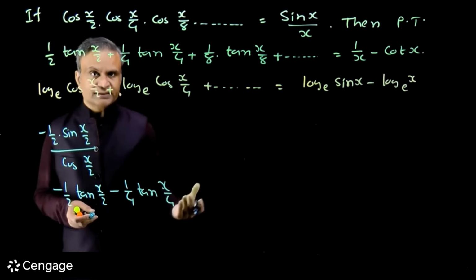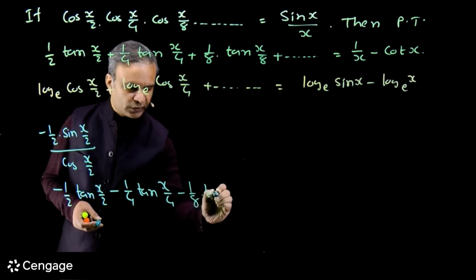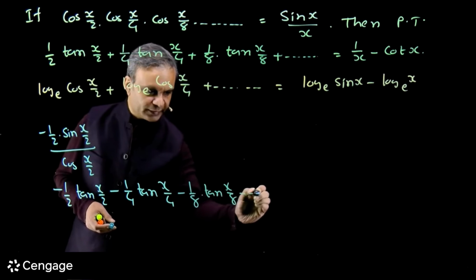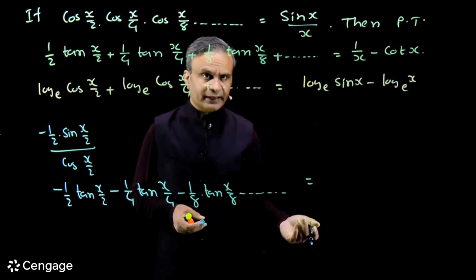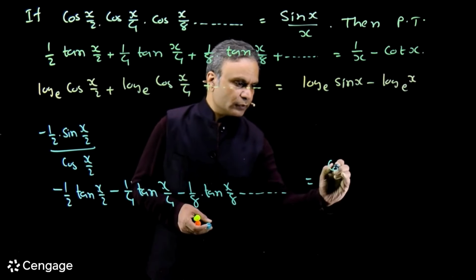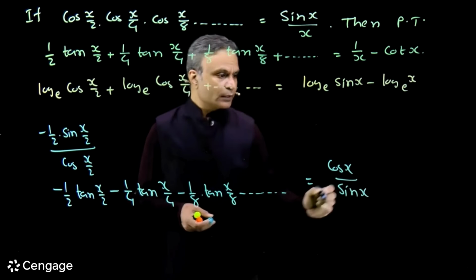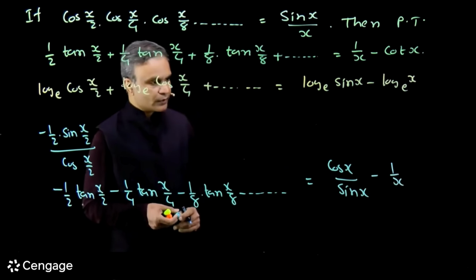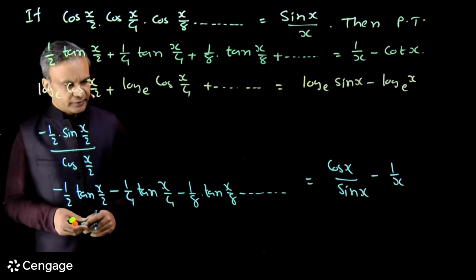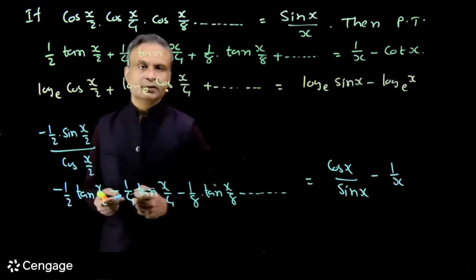Then derivative of the next term will be minus 1 over 8 into tan of x over 8 and so on. Okay, this is equal to derivative of log sin x, which is cos x over sin x. ये होगा ना? Okay, minus derivative of log x, which is 1 over x. Okay, now we multiply both sides by minus 1. We get this is equal to 1 over x minus cot x.